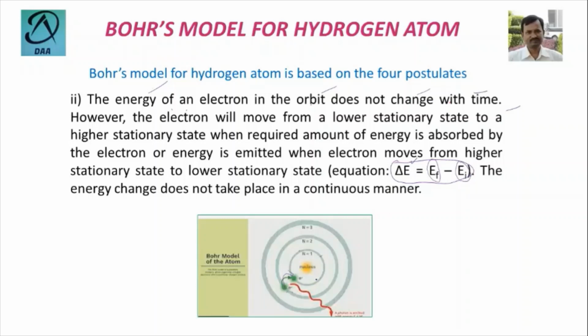When it goes from the lower stationary state to the higher energy state, like the red arrow, the final energy EF is more than the initial energy EI. So delta E will be positive when the electron moves from the lower energy stationary state to the higher energy stationary state.